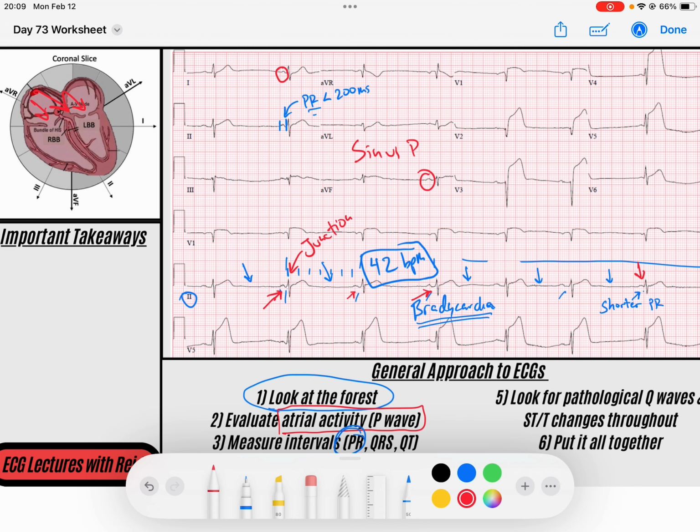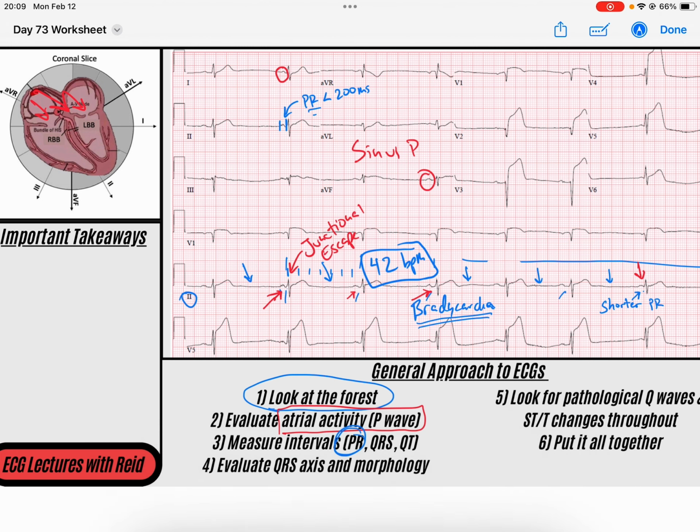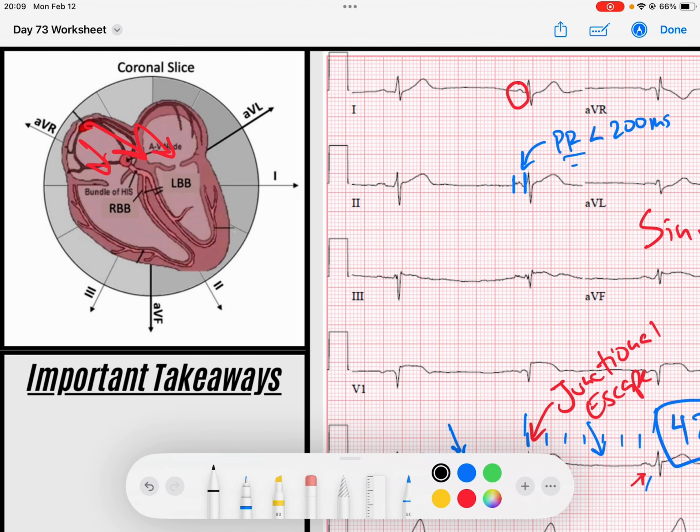These ones that have shorter PR intervals, there's actually a chance that this QRS is a junctional escape. Because we know that the AV junction, right around here, has the ability to create its own signal that fires off and depolarizes the ventricles in a normal fashion down the His-Purkinje system at a rate of about 40 to 60 beats per minute.